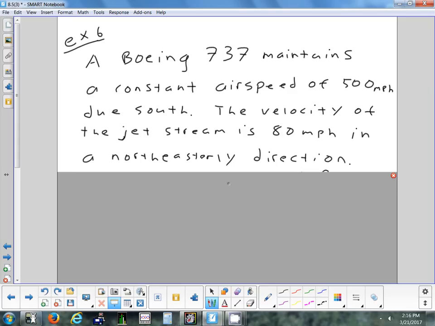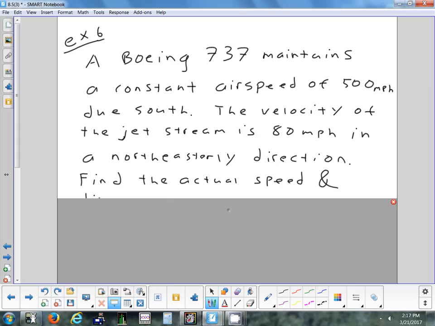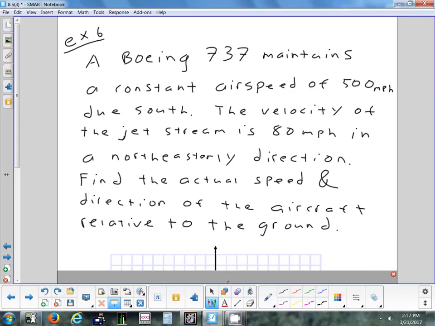I could pick a random direction, but if I pick exactly between north and east, it makes the angle relatively easy to figure out. I want to find the actual speed of the airplane, taking into account the jet stream, and the direction, relative to the ground.